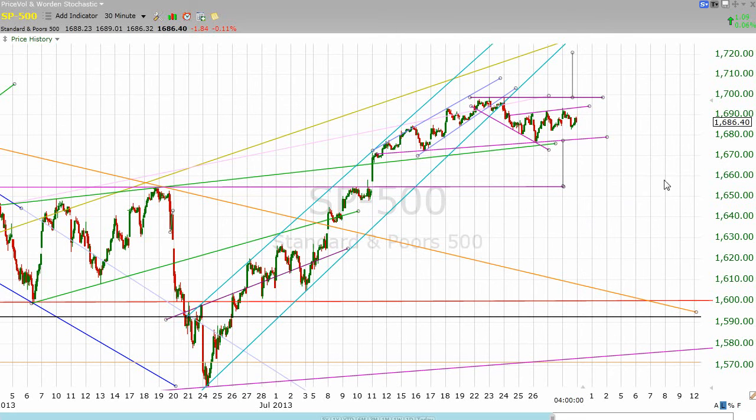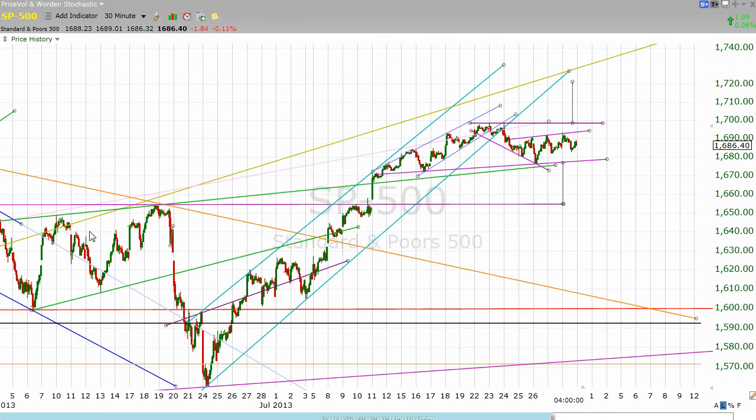But on the other hand, if this top line breaks at about 1698, then we look to an intermediate target of about 1722, and potentially we've got to ask ourselves, even though we don't have our right shoulder, would this still act as an inverted head and shoulders pattern and potentially take us up into the 1750s?